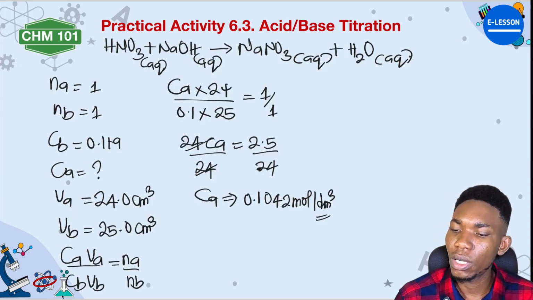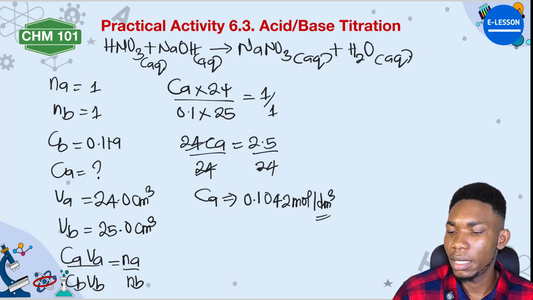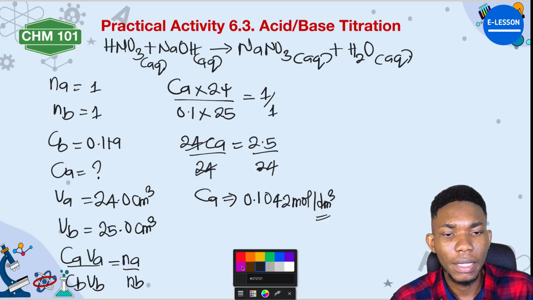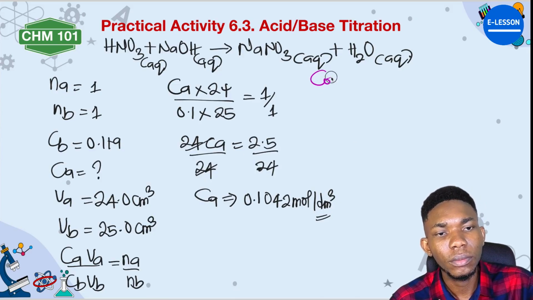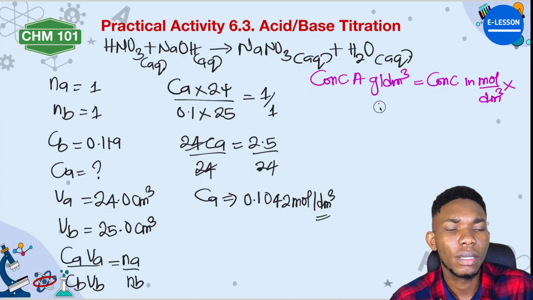Now concentration of solution A in gram per dm cube is very, very easy. What you need to do is just write concentration of A in gram per dm cube is equal to concentration in mole per dm cube times the molar mass.